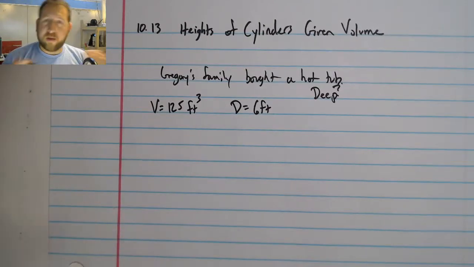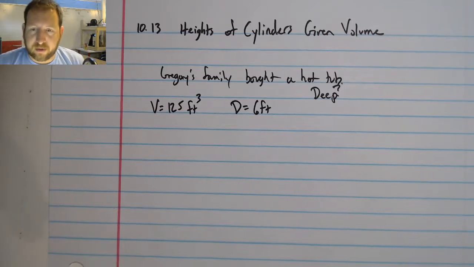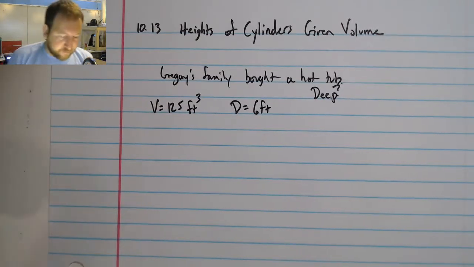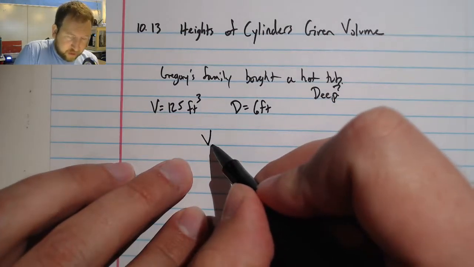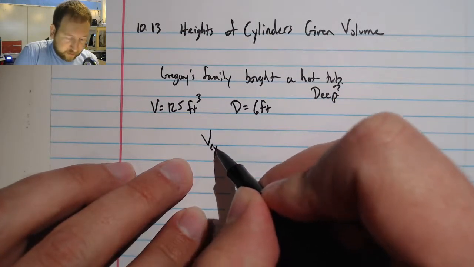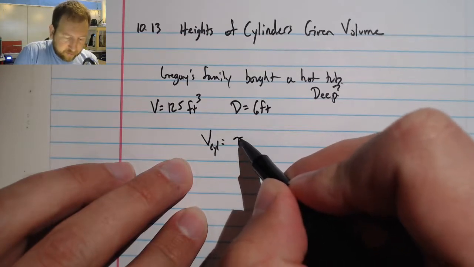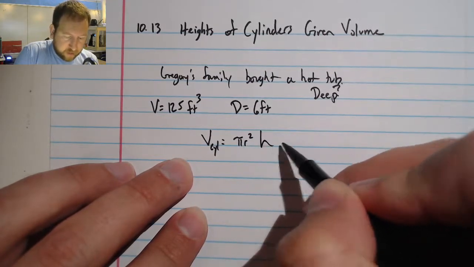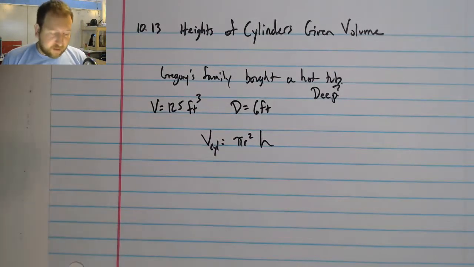Well, the way that we can solve this is by looking back at our volume formula of a cylinder, which we were just doing a little bit ago. The volume of a cylinder is equal to pi r squared times height. So in this case, we're just going to be working backwards, because we used to know this whole side and we can just plug it in and solve it.